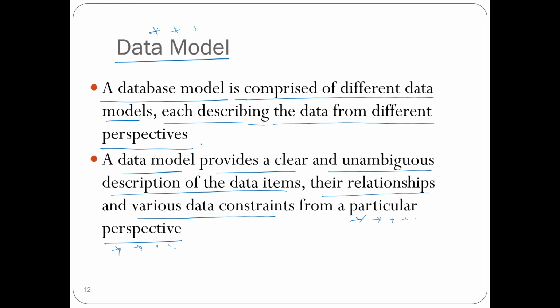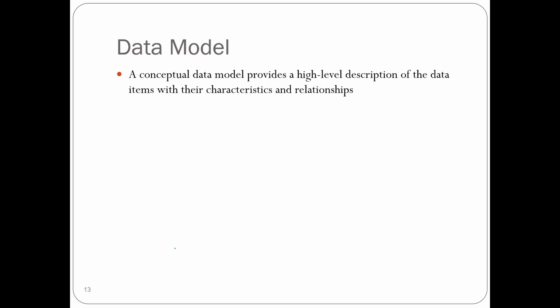One is very high level, so that is conceptual. Then there is logical. There will be the conceptual data model, logical data model, internal data model, and external data model. All these data models are attempting to describe the data from a different perspective altogether. So as I said, we will start with the conceptual data model.